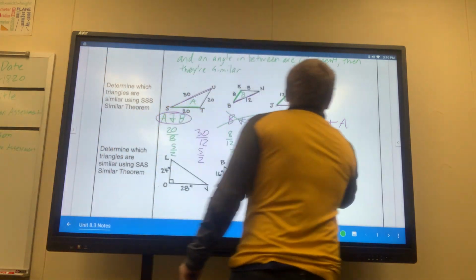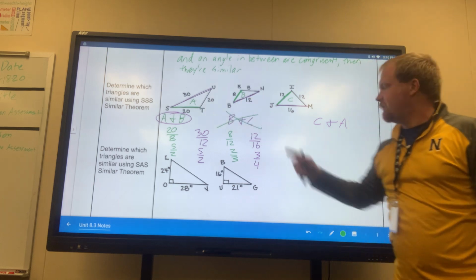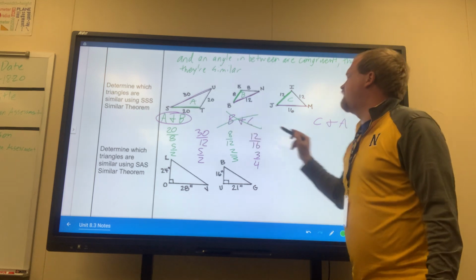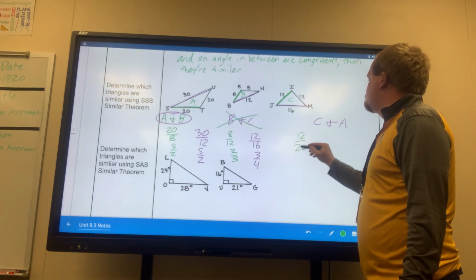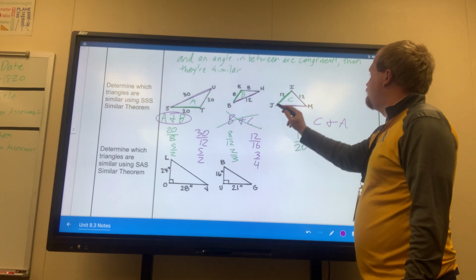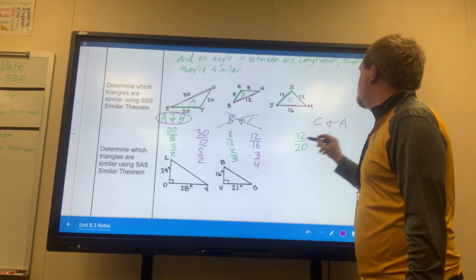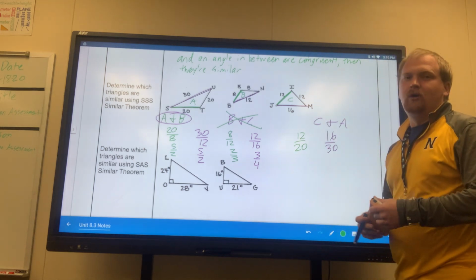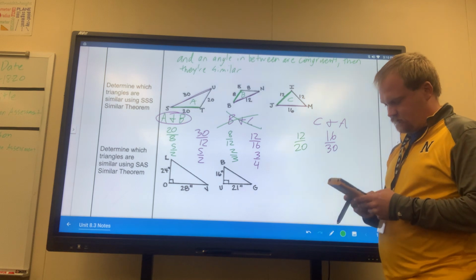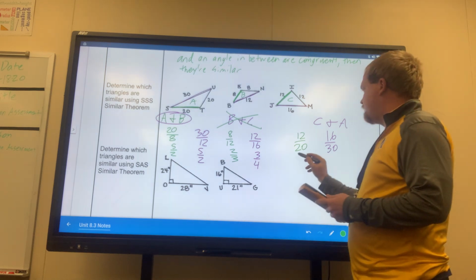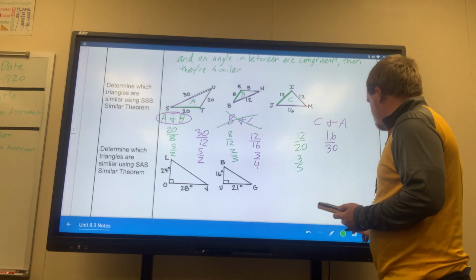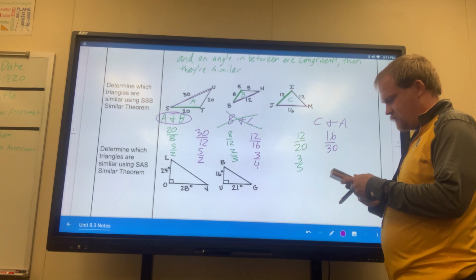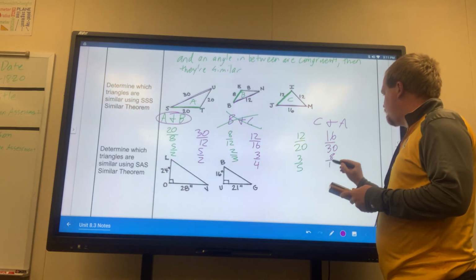Now, if I do triangles C and A, I know JI corresponds to ST, as well as JM to SU. If I simplify the fractions, I get 3 over 5, and then 16 over 30 is 8 over 15.